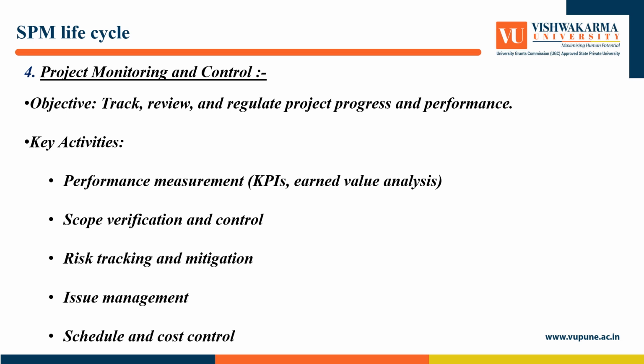The activities performed are performance measurement, which supplies KPIs and variance analysis. Number two, scope verification and control. It verifies the scope and keeps control of it. Risk tracking and mitigation. It also ensures that risks are tracked and issues are managed. Schedule and cost control is also watched by this.